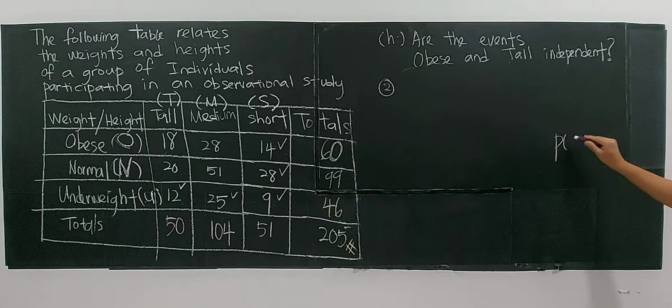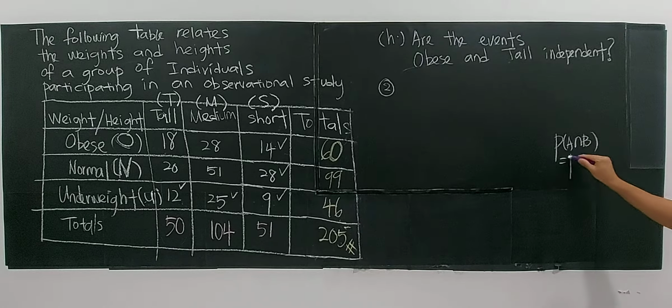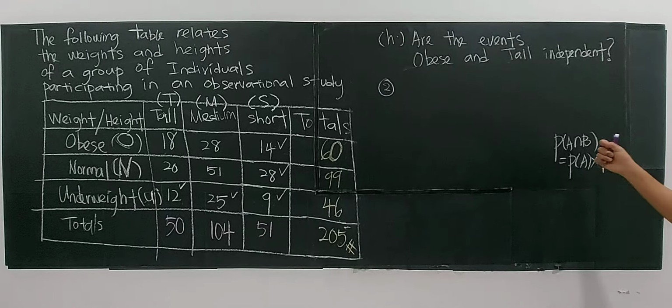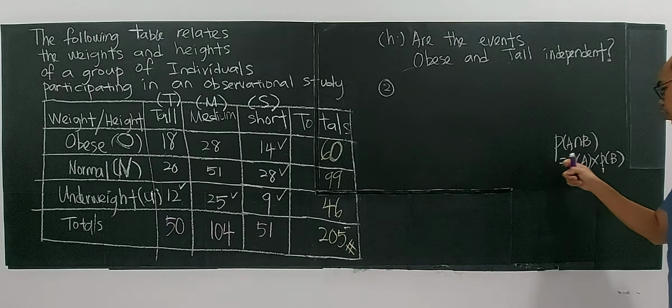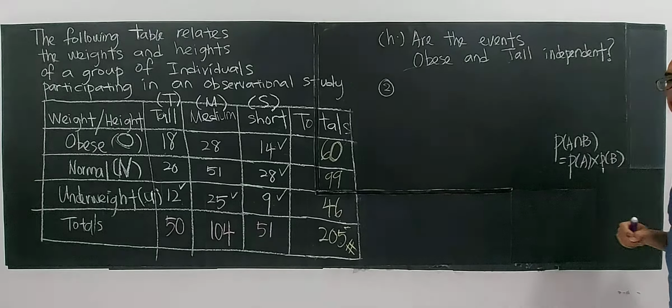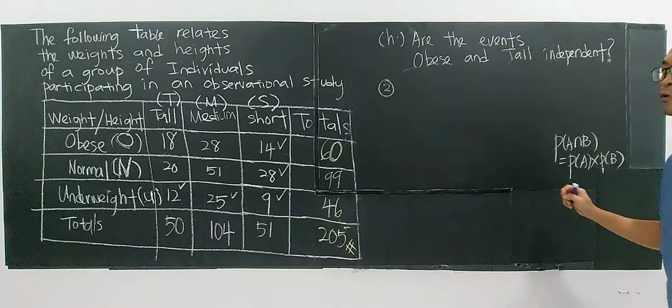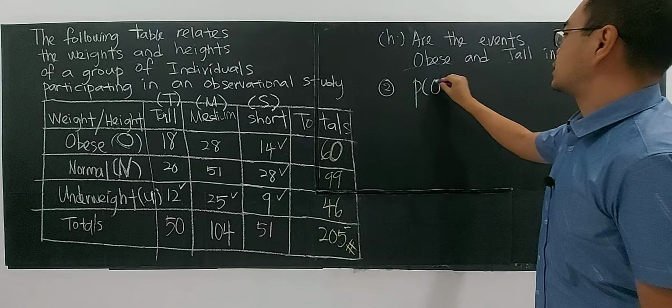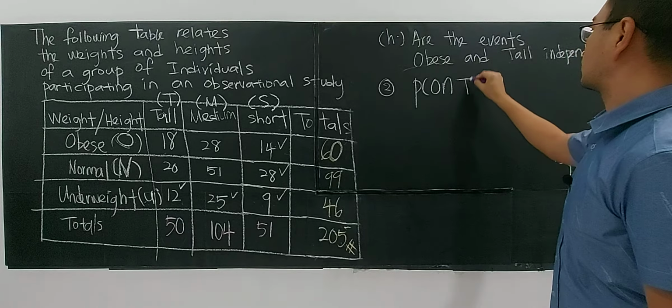If events A and B are independent, we say that the probability of A intersect B will be the same as P(A) multiplied by P(B). If the probability of A intersect B is not the same as the probability of A multiplied by the probability of B, then they are not independent. So now we're going to find the probability of obese intersect with tall.